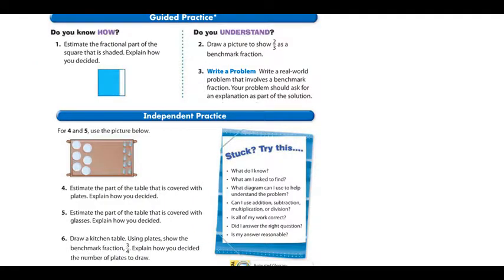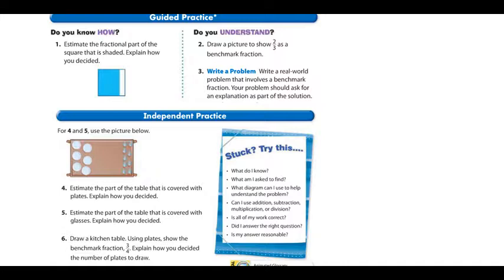Okay, get ready to do the guided practice with me. Get your pencils ready and draw. Well, I guess you can't draw on your books, but it says, estimate the fractional part of the square that is shaded. Explain how you decided. This is where we get to write it in words.